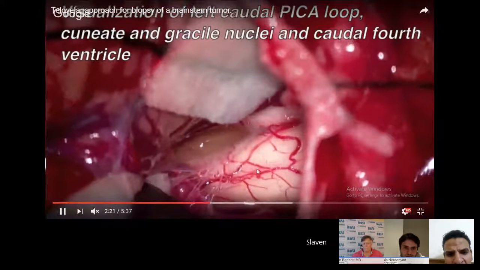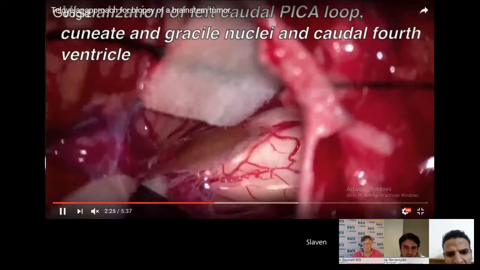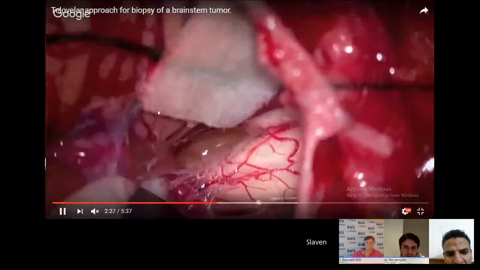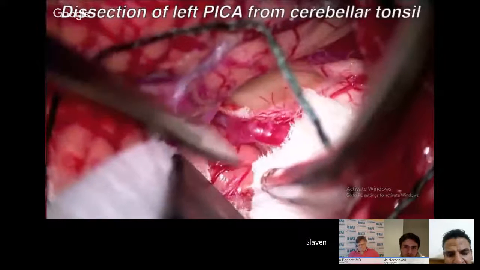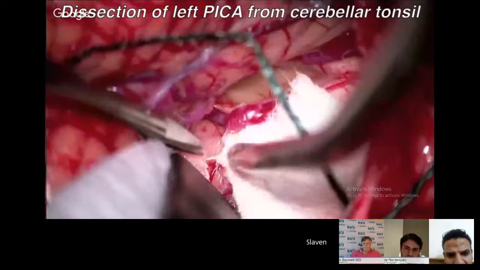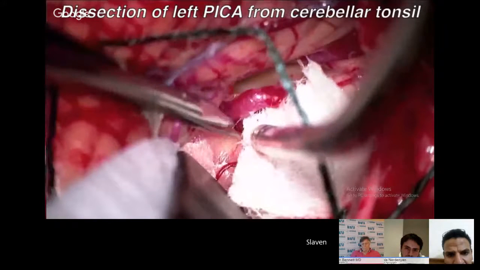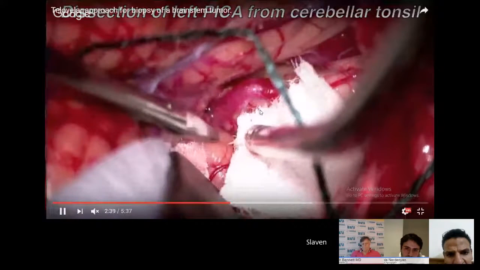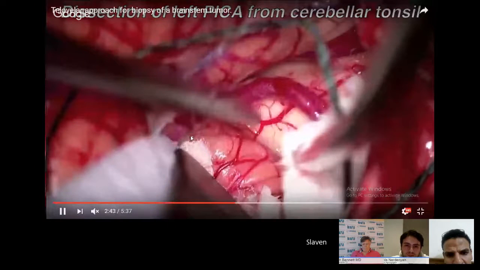And finally, this is the medulla oblongata and spinal cord here. And now you can see that this big PICA artery is in the surgical field. So it's dissected away to provide more exposure of the surgical trajectory.